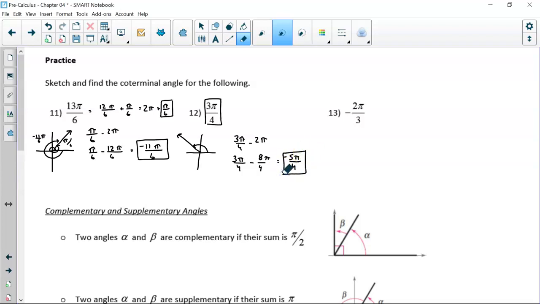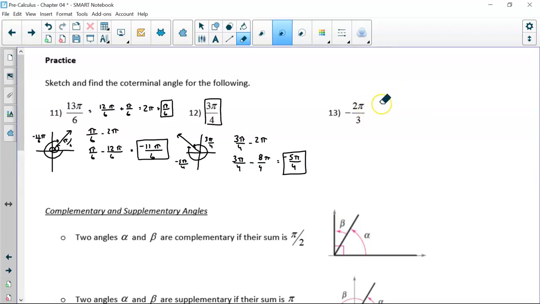So 3 pi over 4 and negative 5 pi over 4 are coterminal angles. 3 pi over 4 is the positive, and the negative is negative 5 pi over 4. And if you ignore the signs, 3/4 plus 5/4 is 8/4, which is 2. So you can add them up and you'll see you get one full circle.